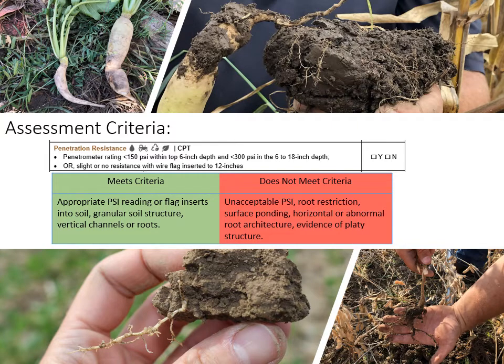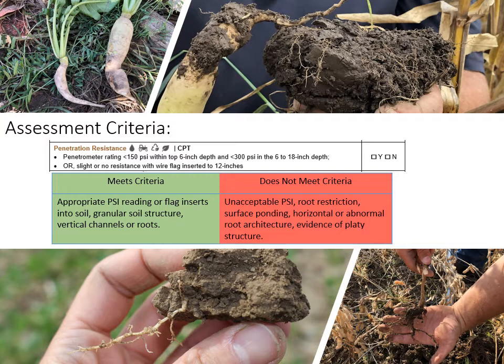I want to point a few things out with the assessment criteria. It talks about 2 tools, a penetrometer and looking for ratings of less than 150 psi within the top 6 inches and less than 300 psi in the 6 to 18-inch depth, or slight or no resistance with a wire flag inserted up to 12 inches.